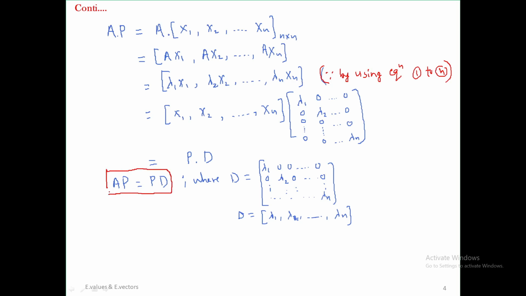Now what is the use of this? Remember, we are diagonalizing the matrix A, right? So that's what we are getting, the diagonal matrix out. Now from this result, assume this equation is number one, because I have already taken equations 1 to n.